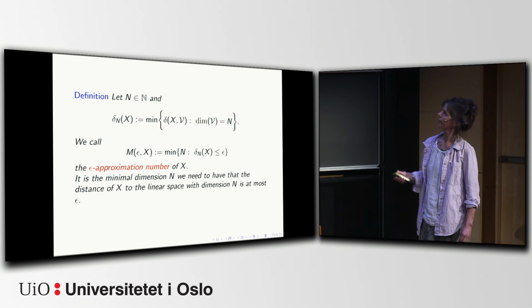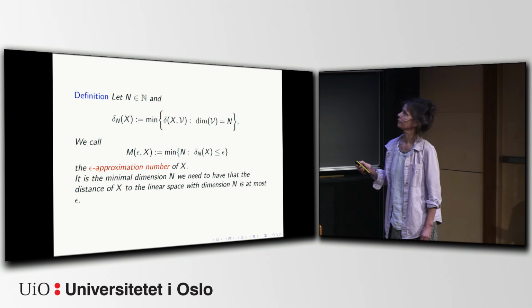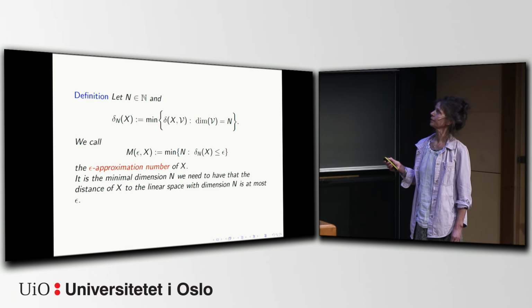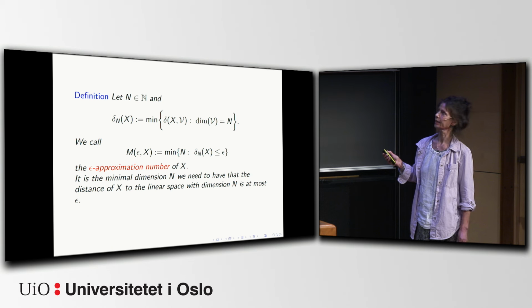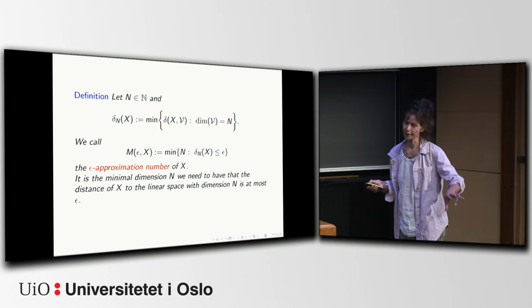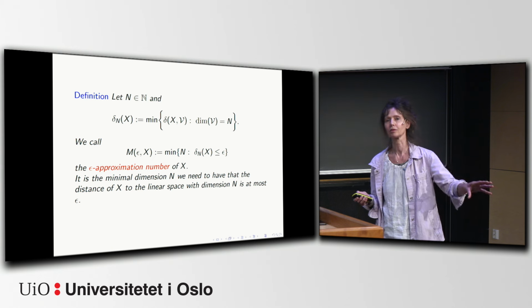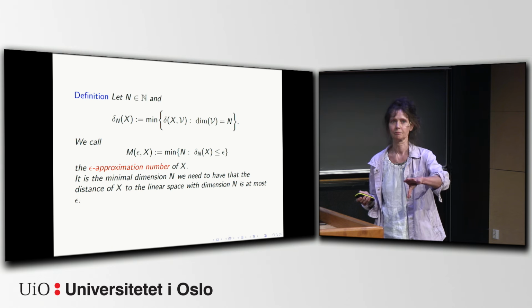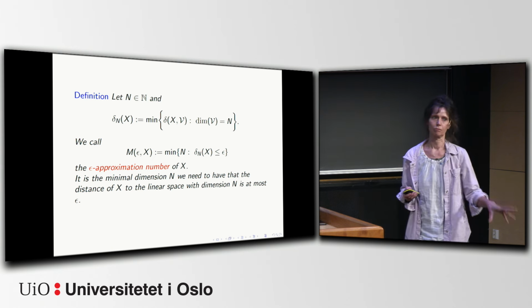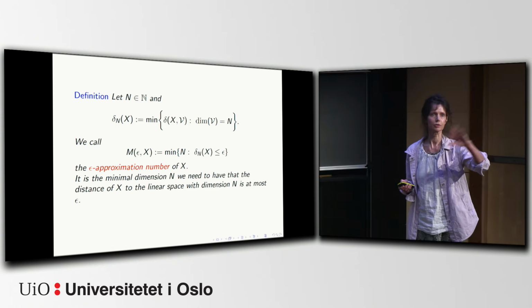Then I take, for a given dimension n, among all linear spaces with dimension n, the one which has the smallest distance to X. Well, that's one thing. If you don't understand it, doesn't matter.